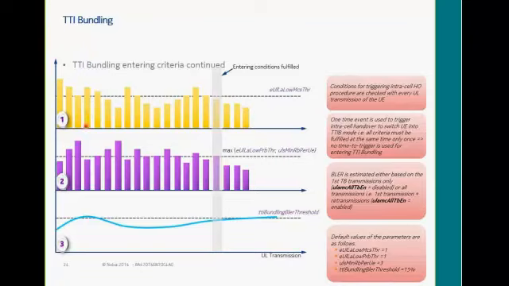So therefore it won't go into TTI bundling mode at this point. But back here, we are actually getting to the point where the subscriber passes that threshold. We are above that threshold, and we're equal to the minimum number of PRBs, and we're below the MCS threshold. This will put me into a TTI bundling mode. So it is an AND. At this point, we are going to trigger.